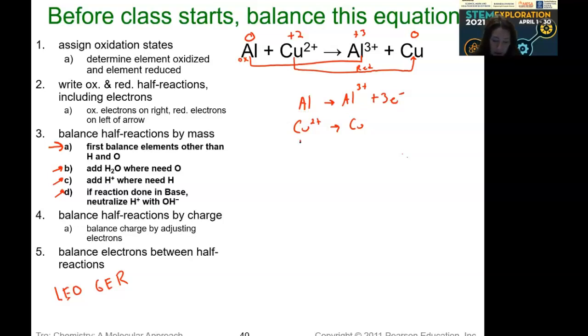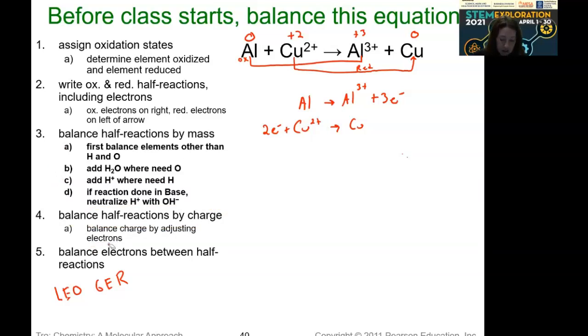We look at our copper, this side is a +2, this side is a 0. Again, we need them to be equal, so we'll add 2 electrons to this side. So now this side is 0 and this side is 0, right? That's what we mean by this step right here: balance half reactions by charge, right?